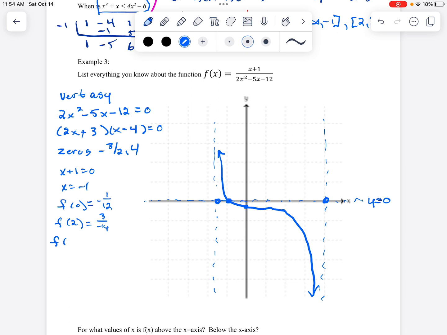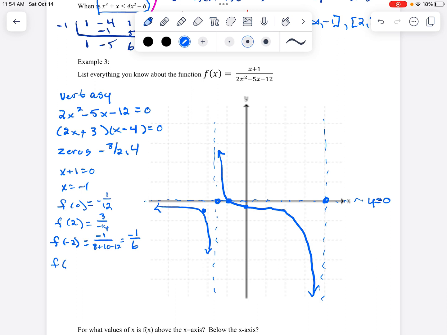So let's do f of negative 2. So if I plug in negative 2, that gives me negative 2 plus 1. On the bottom, that would give me 8 plus 10 minus 12, which is going to be negative 18 minus 12, negative 1/6. Again, you could get more points if you want to shape out that curve.